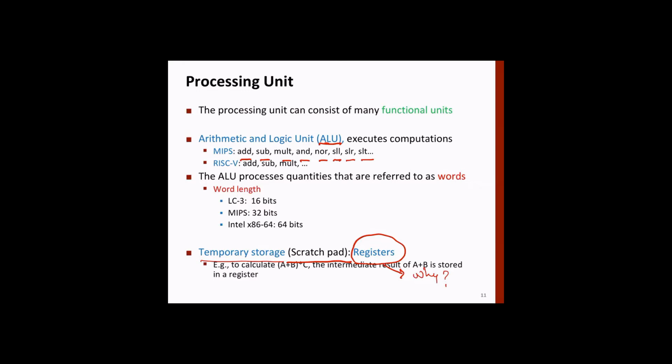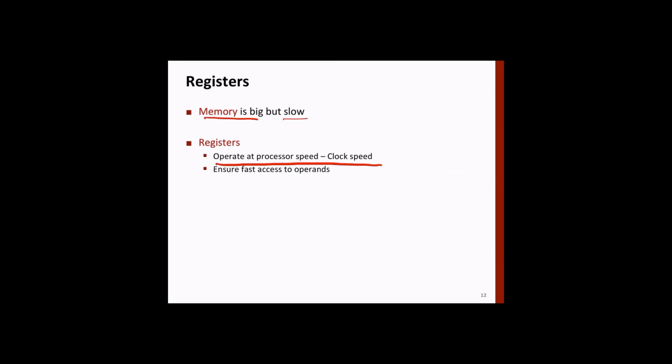So of course it stores intermediate values which are required for calculation. So the motivation is here. Memory is big but slow. Registers operate at processor speed, almost at clock speed, and this ensures fast access to operands. Now we remember that we have the ALU, which we show like this, and it has two inputs.